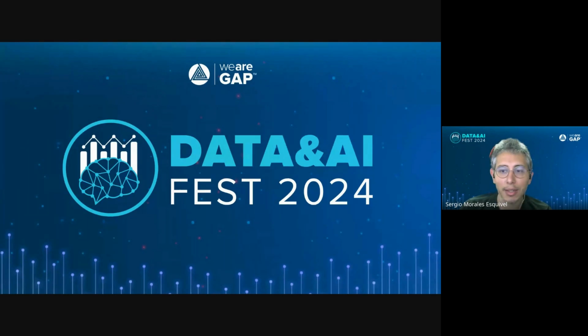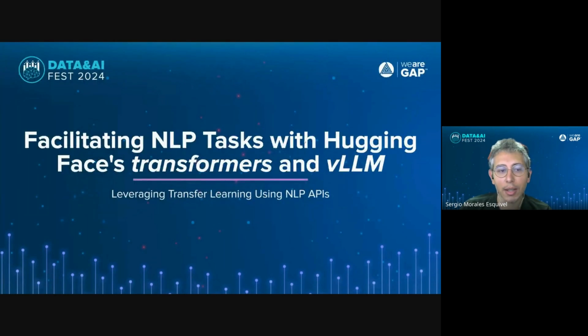As Danielle just said, I'm going to be talking about facilitating NLP tasks with Hugging Face's Transformers and vLLM. Now, this is an overly complicated title, and what I really mean is we're going to be accomplishing NLP tasks such as summarization, classification, content generation, mask filling, etc. Tasks that are associated with text in only a few lines of code.